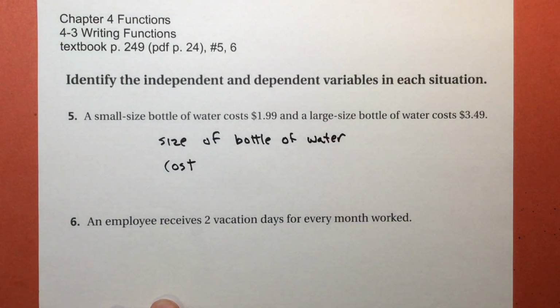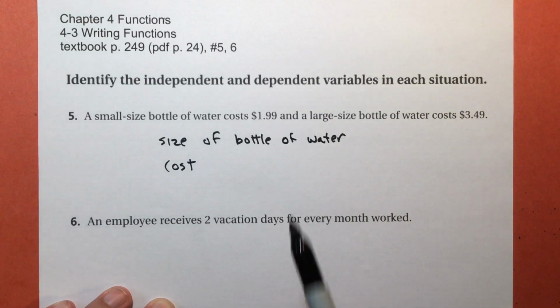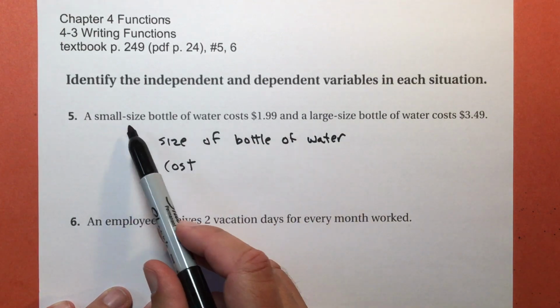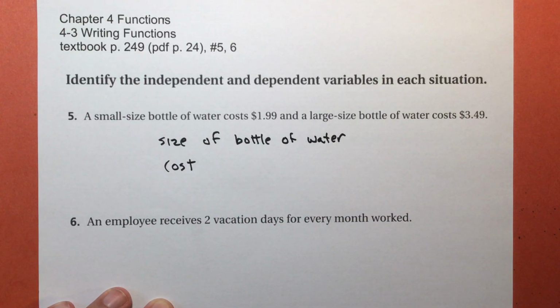And it seems like the cost depends on which water bottle, which size you're going to get. So if you go into like, Super America and you're like, hey, I'm going to grab this, then you pay for the bottle that you have. The clerk is going to tell you how much you owe based upon what size water bottle you put on the counter.